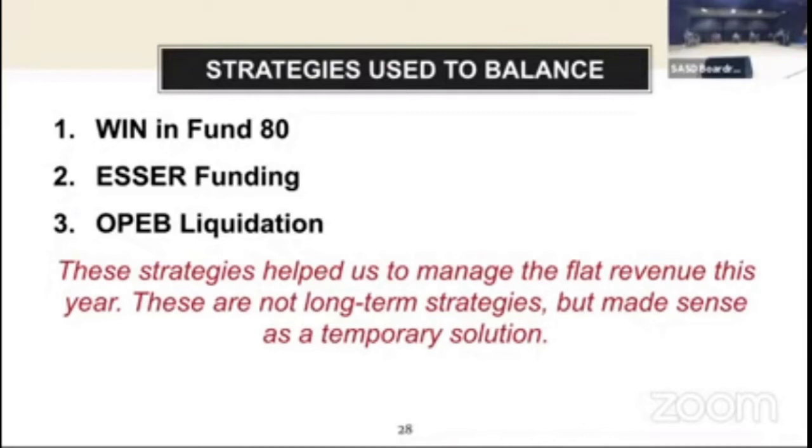One of the things we did this year is we are proposing moving WIN into Fund 80, which frees up $500,000 in the operating budget. Number 2 is the new positions in staffing that we added this year. We did code to ESSER funding, and that funding will run out eventually. And then the third part is the OPEB liquidation, which is actually 1.3 million. I'm recommending putting 800,000 into Fund 46, because the remaining 500,000 would be used to help balance the budget for operations.